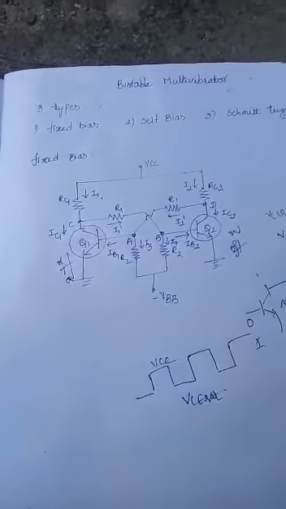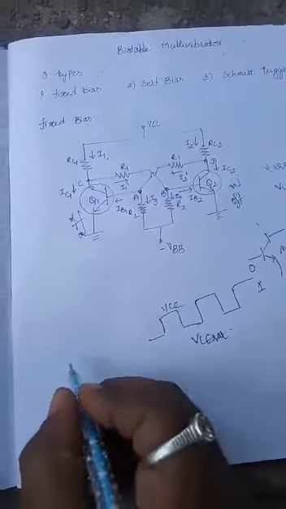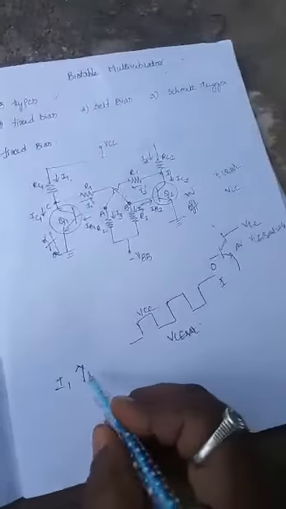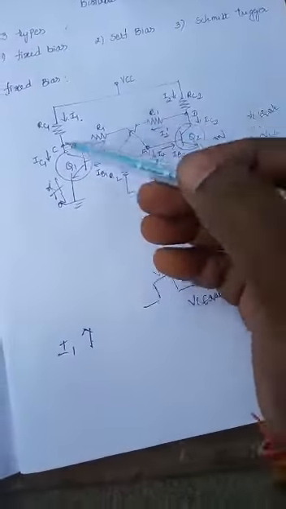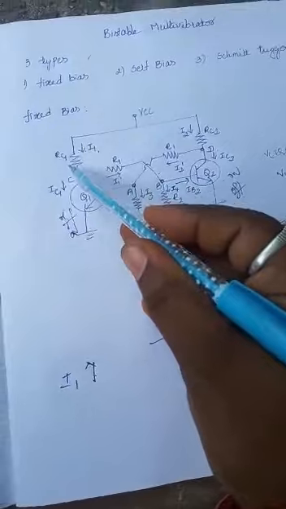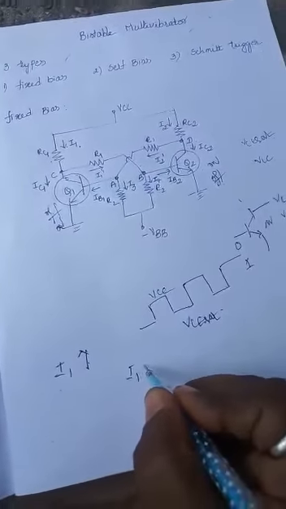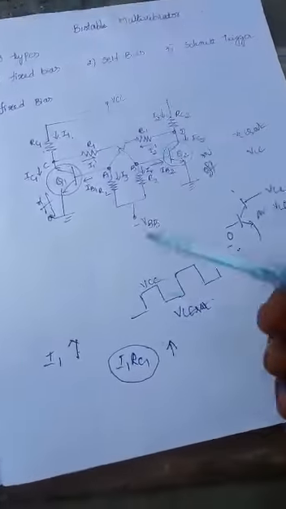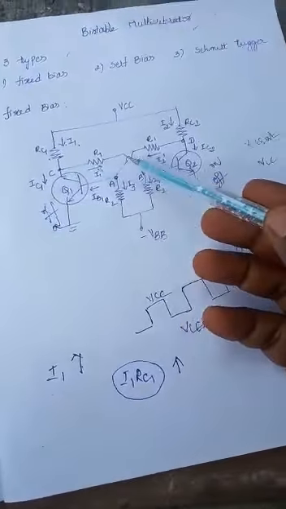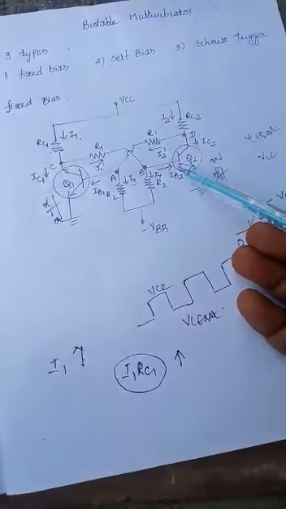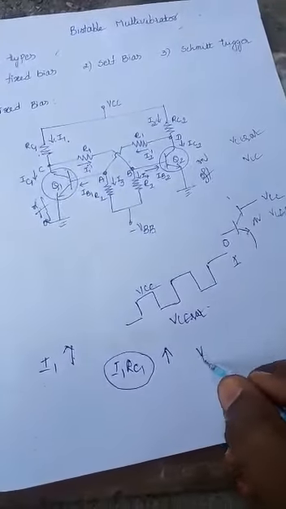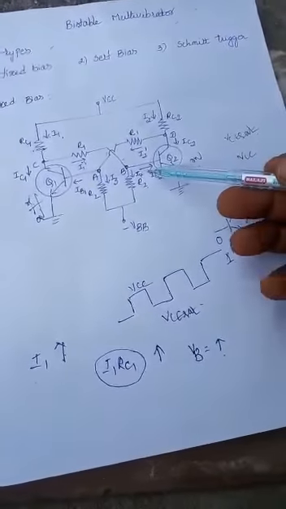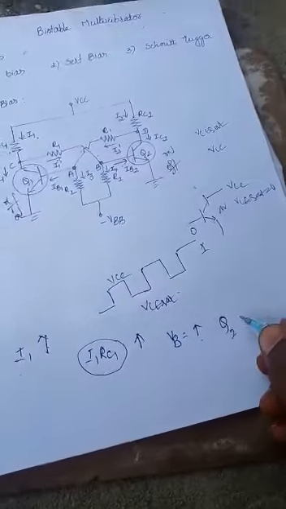Now let us suppose I1 is increasing. As I1 is increasing, what is the drop across this RC1 resistor? That is I1 into RC1. Therefore, I1 into RC1 goes on increasing. So that increased voltage is passing through R1 resistor to the base of Q2 transistor. Now the base of Q2 transistor, that is VB voltage, is more. If more voltage is applied to VB terminal, then transistor Q2 is in on condition.